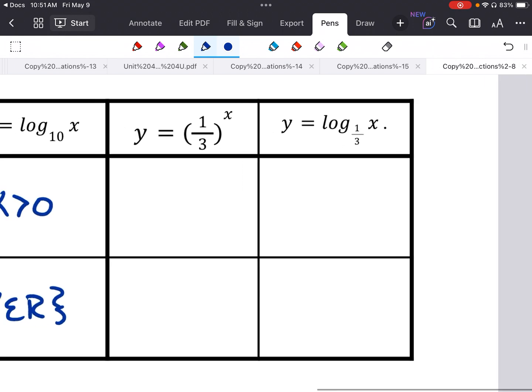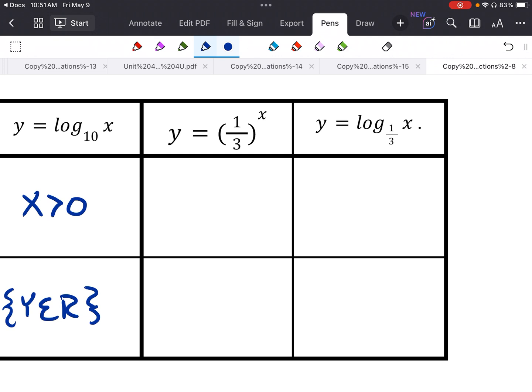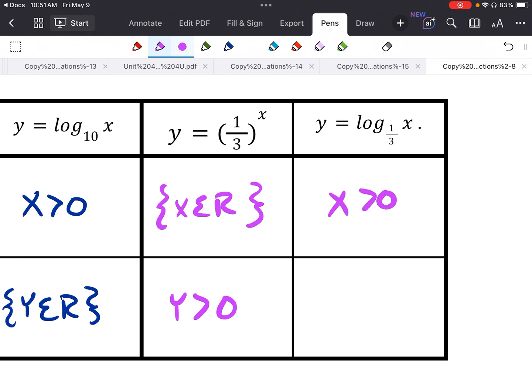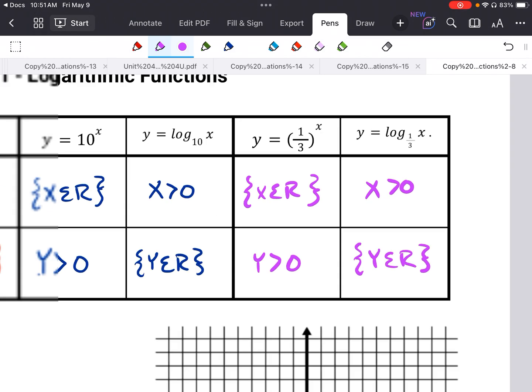What if we flip the base into a fraction? Again, doesn't matter what the base is. Our domain for the exponential will be x ∈ ℝ, or y has to be bigger than 0. And with the logarithm, again, x is bigger than 0, range is y ∈ ℝ. It doesn't matter what our base is.